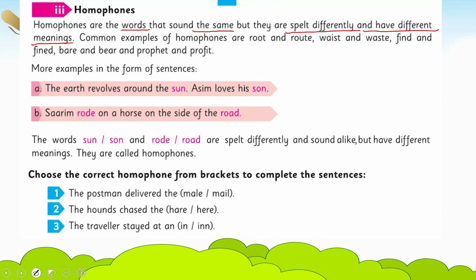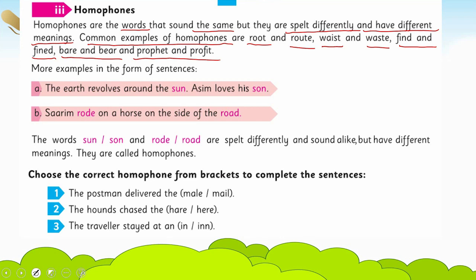Common examples of homophones are root and route, waste and waist, find and fined, bear and bare, profit and prophet. Here the words are different and their spellings are different, but their sounds are the same.